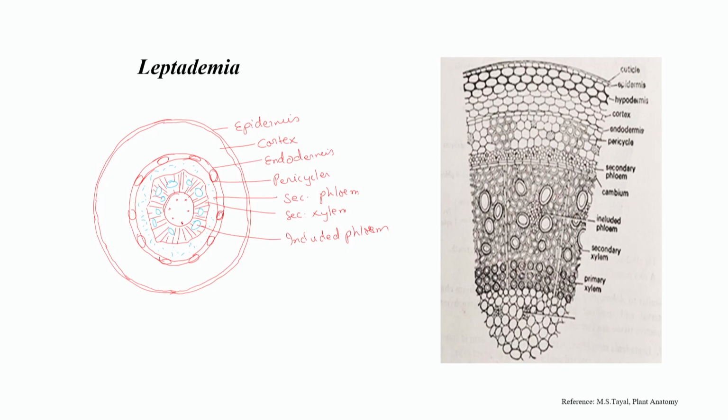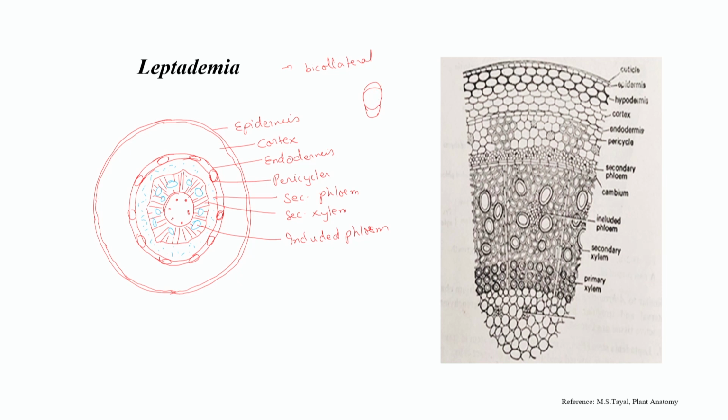Okay. Some phloem you will also see in the pith region also. So actually leptadenia is bicollateral. Bicollateral means, as we have already discussed, that you have phloem on the lower side also and on the upper side also.